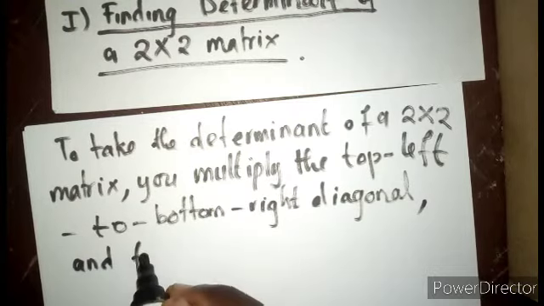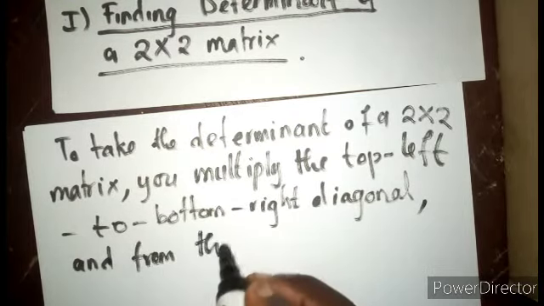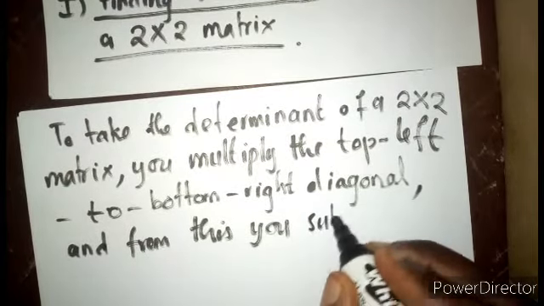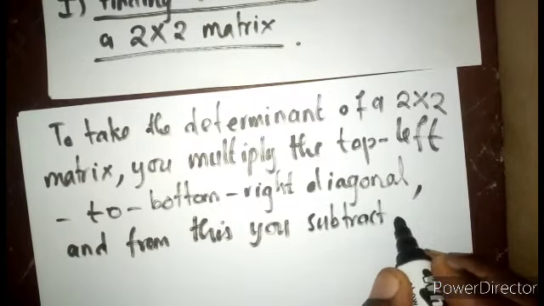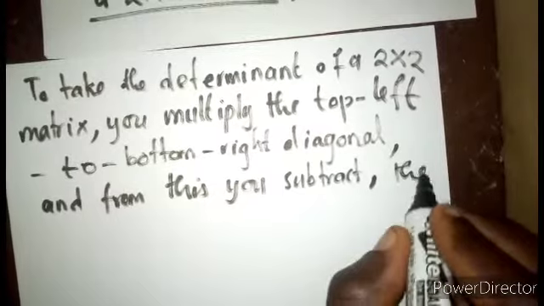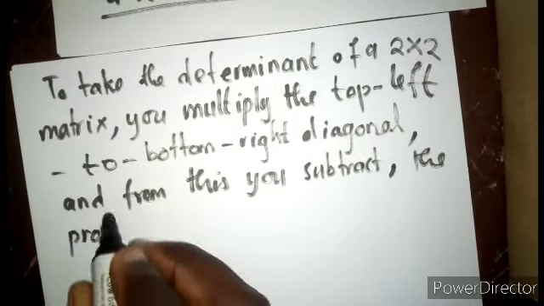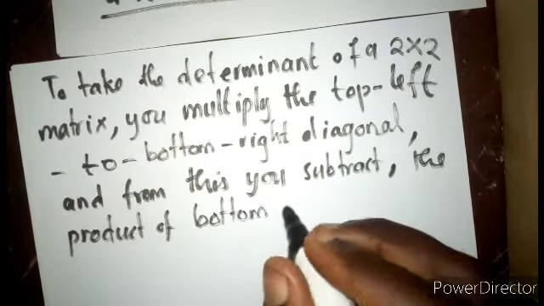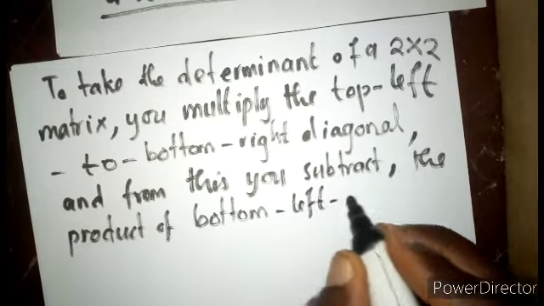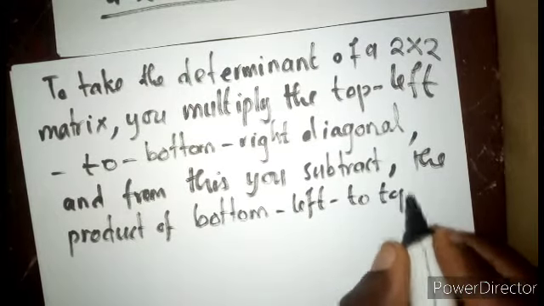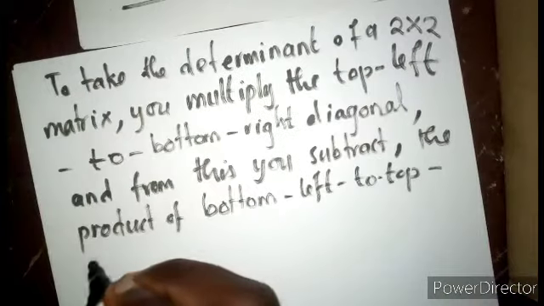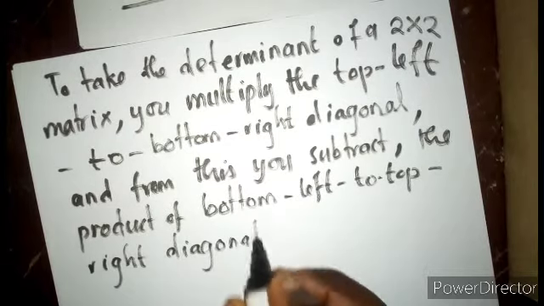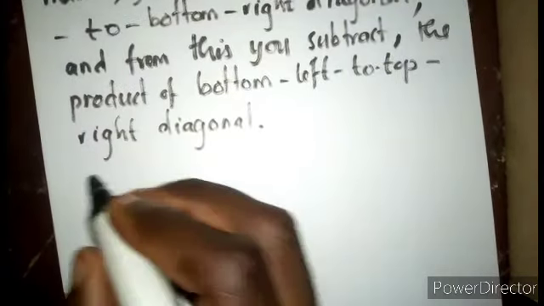And from this, we are going to subtract the product of the bottom left to the top right diagonal.